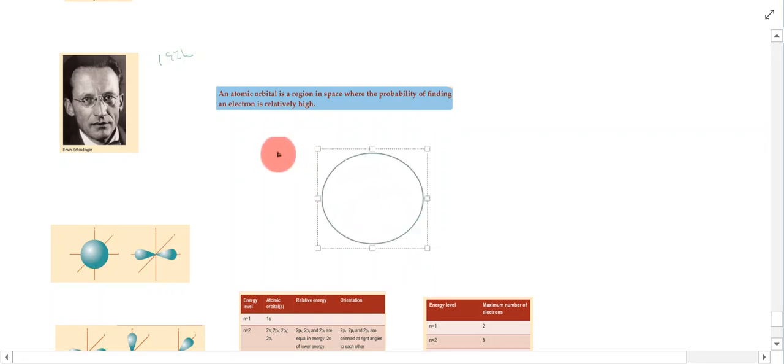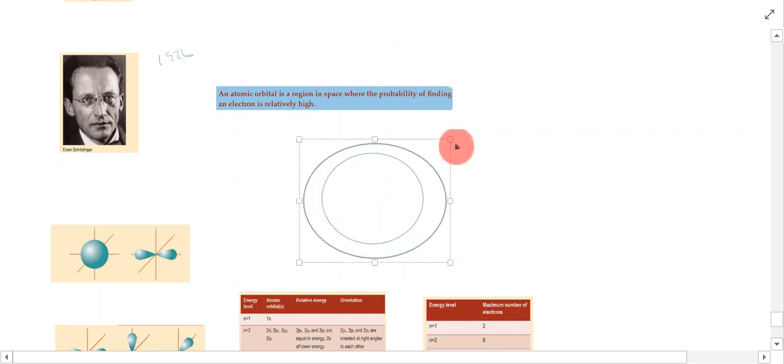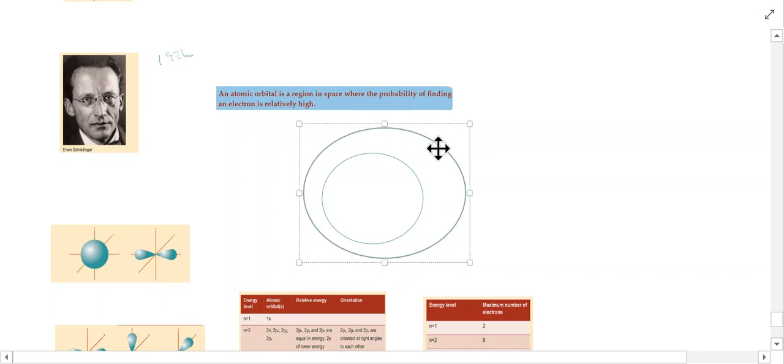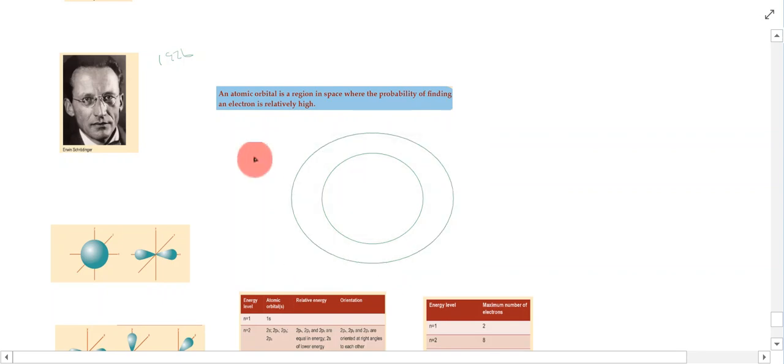So instead of having a planetary model, where you have the nucleus in the middle, the electrons like this, and they're orbiting around, moving around like this, instead of thinking about it like that, the way the electron actually arranges itself, instead of acting like a discrete particle that just orbits around the nucleus, is that the electrons spread out, if you like, into this thing that's called an orbital.